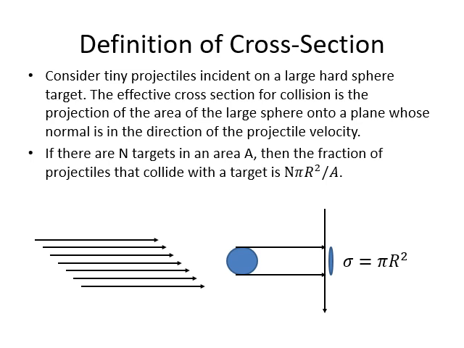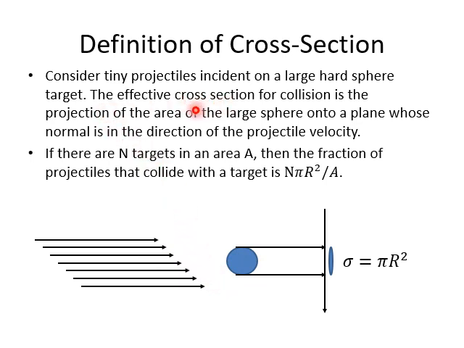So we've talked about cross-section before, but I'm going to go back through it now to remind you. Think about a bunch of tiny particles incident on a large hard sphere. We actually did something like this with light from the sun striking the surface of the Earth, right?